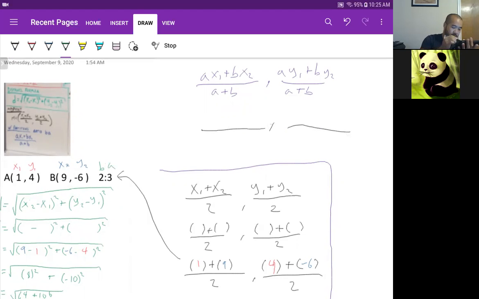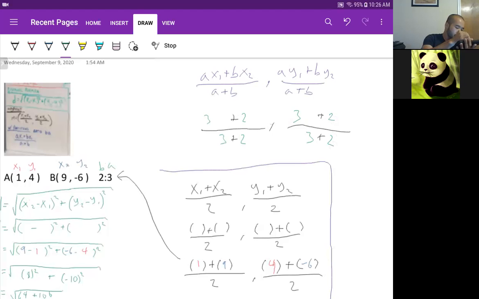So let's start with the green ones. A is 3. 3, 3, 3. B is, let me add this plus sign. Plus, plus, plus, plus. B is 2. So 2, 2, 2, 2.